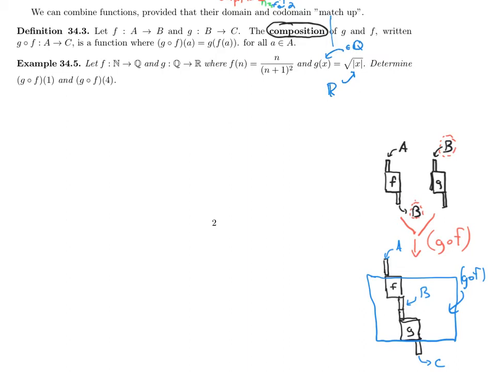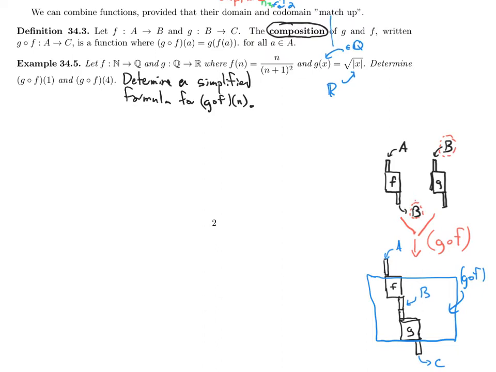So let's determine G of F of 1 and G of F of 4. And maybe as an extra problem, I'll just write this in. Determine a simplified formula for G of F of, let's say, n.